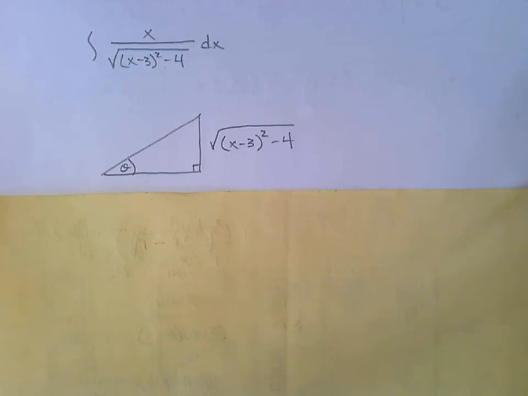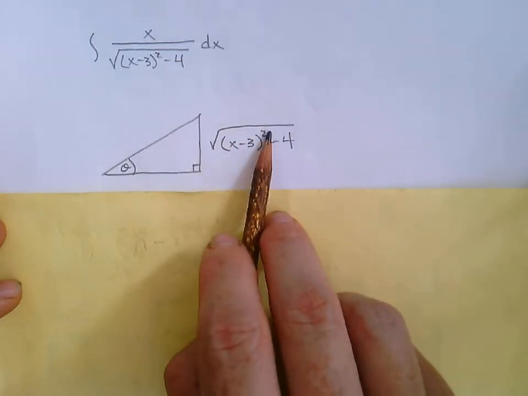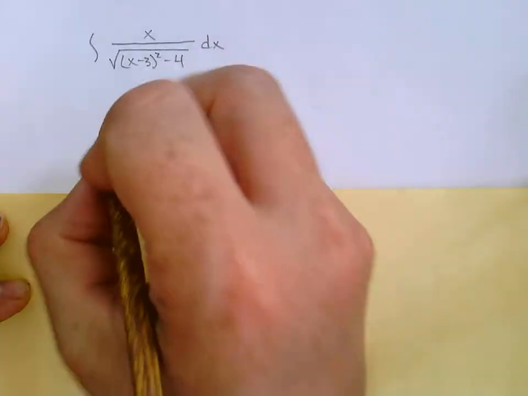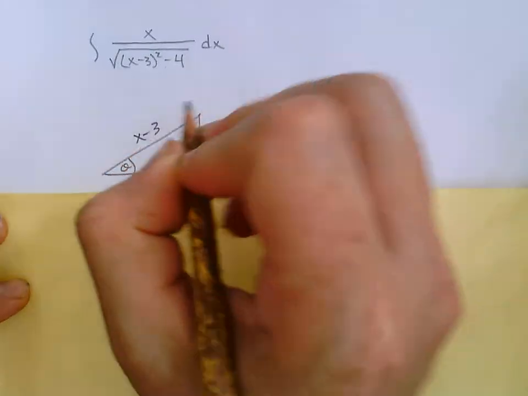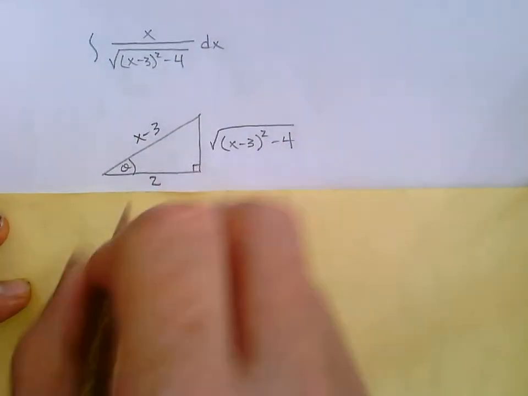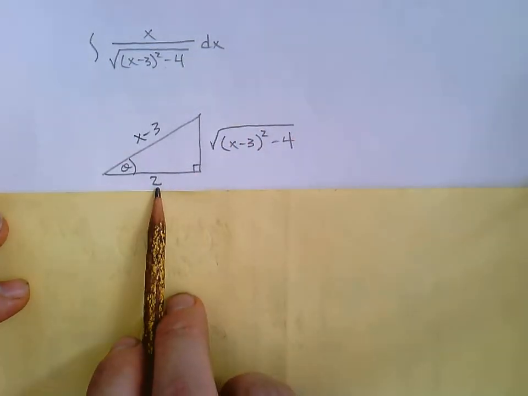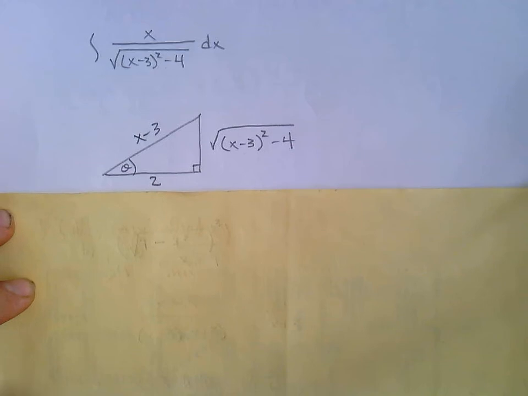And then we'll fill in the other parts. Okay, well, if I see x minus 3 squared here in the first position, then that means it's x minus 3 that goes there on the hypotenuse. And if 4 is here in the second position, that means it's a 2 down on the other leg. So that this squared plus this squared would give me this squared.